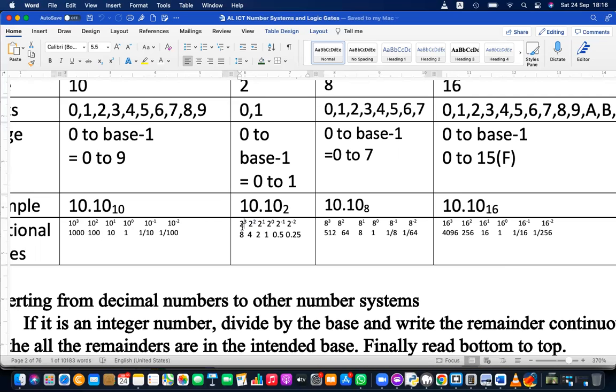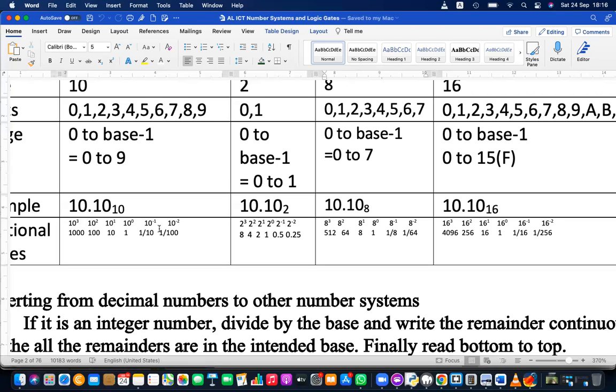Here 8 to the power 3 is 512. Then 8 to the power 2 is 512 divided by 8. 16 to the power 3 is 4096. That divided by 16 is 256.